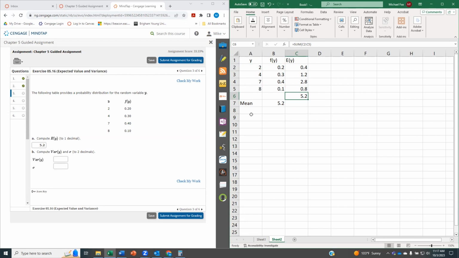All right. So now that we know the mean, what we're going to do is find the value of y minus the mean.